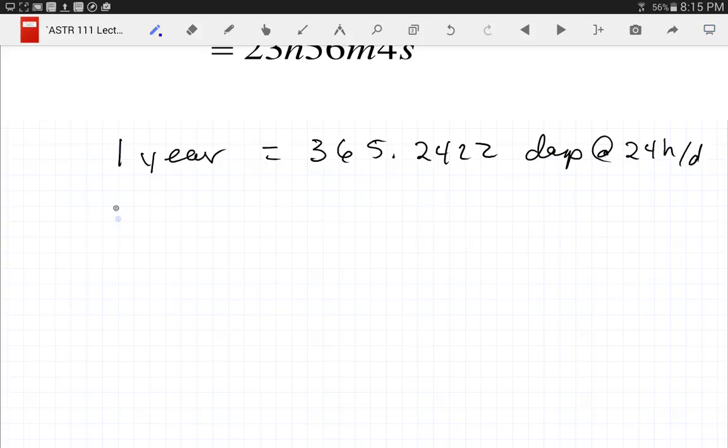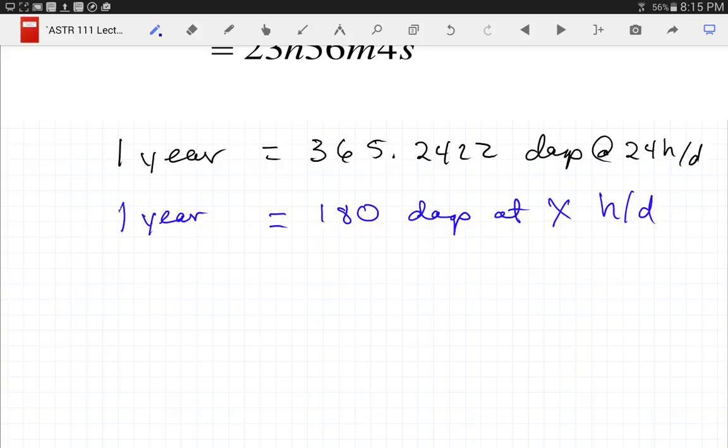So that we end up with 1 year. It's still going to be 1 year because a year is the time to orbit the sun. But the 1 year would be equal to 180 days at some unknown number of hours per day. And the question is, what is that number of hours?